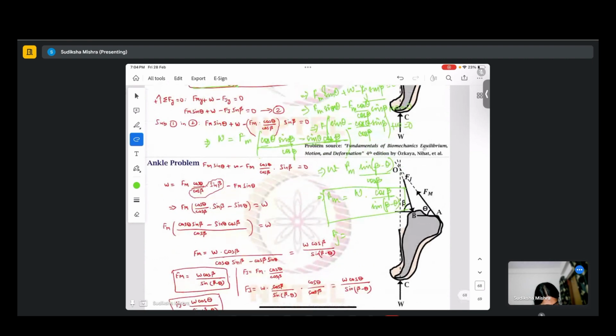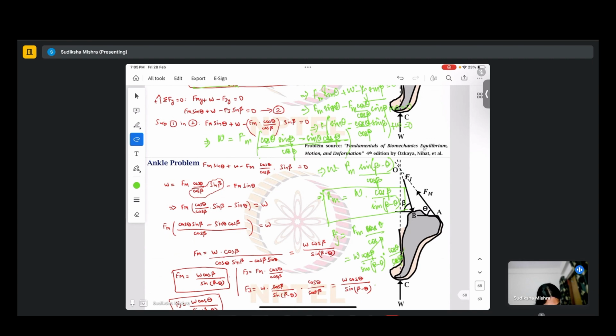So you substitute Fm, w cos beta by sin of beta minus theta, into cos theta by cos beta.